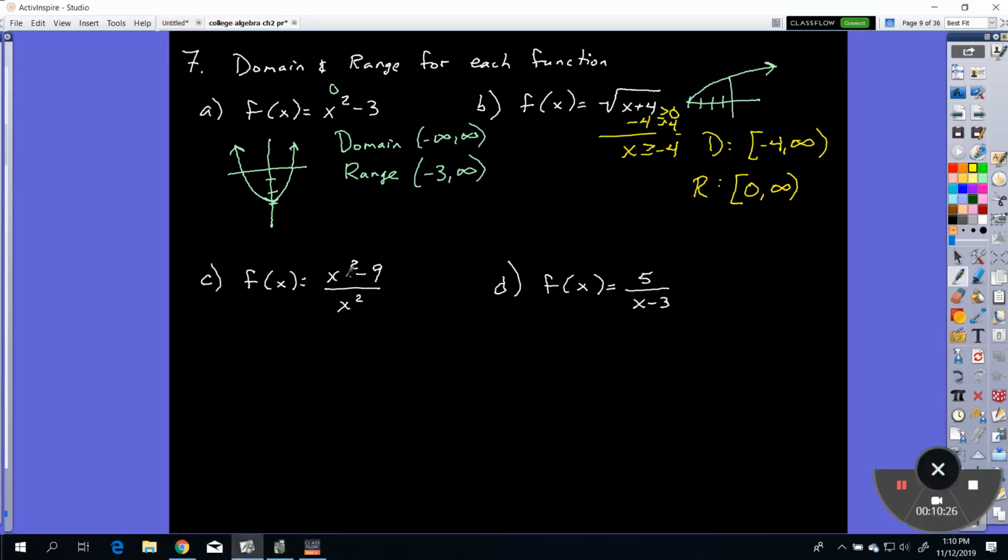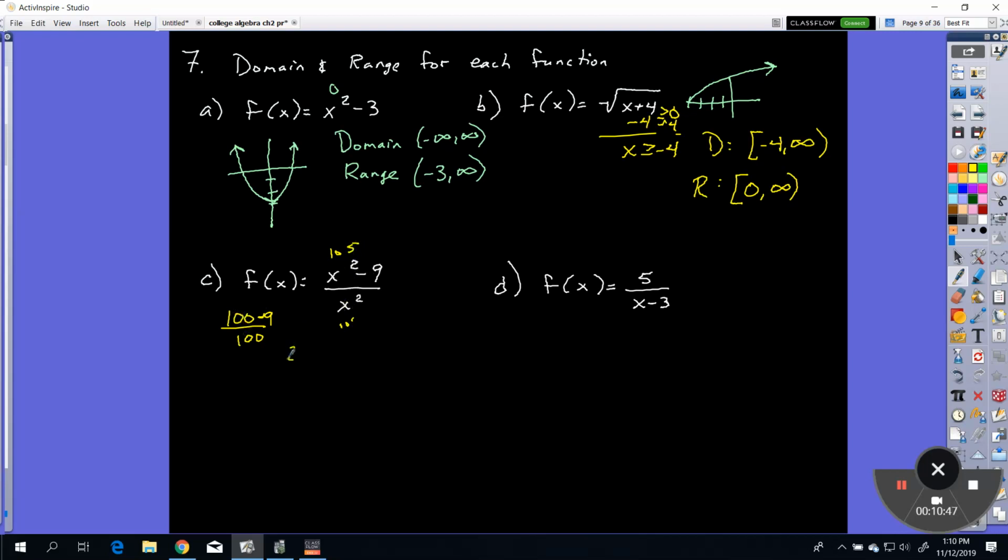Now I want you to think about this. If I plug in some values for x, say I were to plug 10 in here for x, I would have 100 minus 9 over 100. If I plug in like 5, it's going to be 5 squared minus 9 over 5 squared.